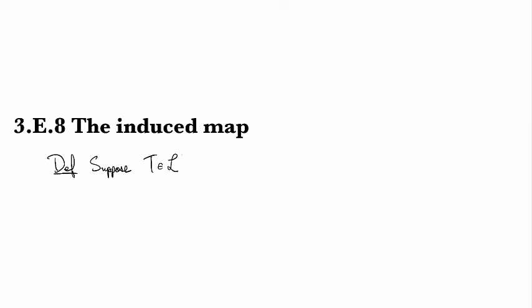So suppose we've got a linear map T from V to W, and we take U to be the null space of this linear map.